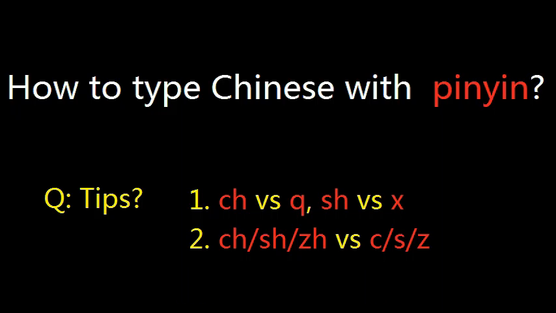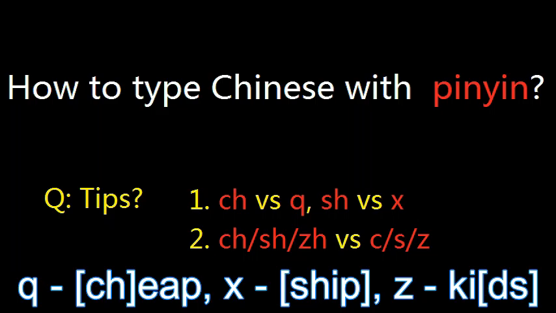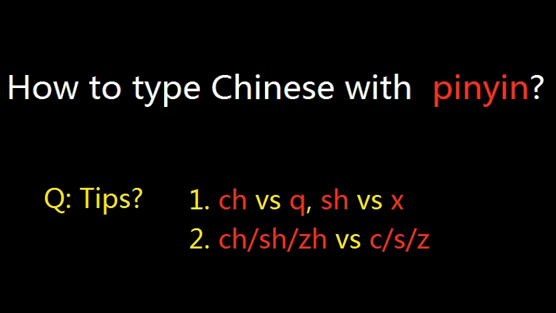Second, some are different, such as Q is like CH in cheap. Sound is chi. X is like SH as in ship. Sound is shi. And Z is like DS as in kids. The first two are the most common mistakes.